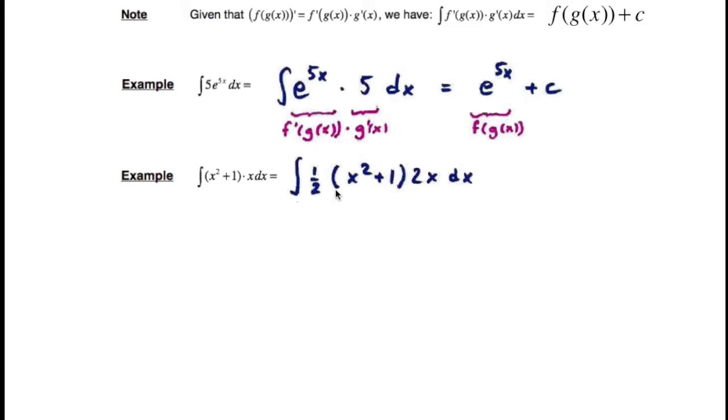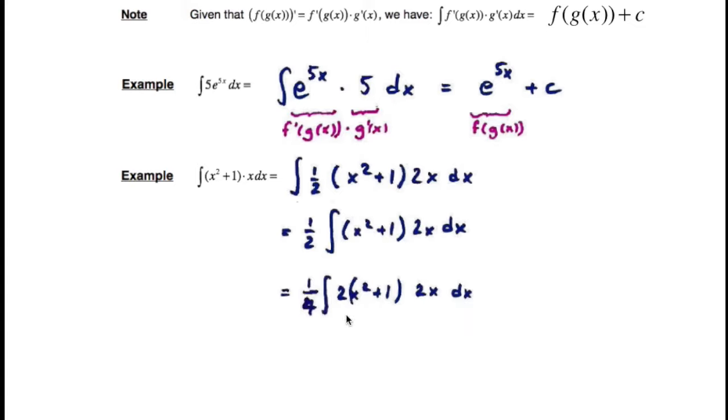2x is the derivative of x squared plus 1. I need to change that a little bit further. Well, I'm extracting the 1/2. But now what I do is I multiply by 2 again and divide by 2 at the same time. So once again, I haven't changed anything, so that I really am in a situation where this is the derivative of my f function, and that is the inside derivative.